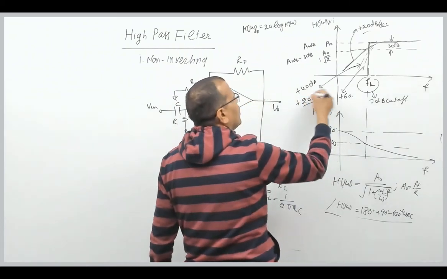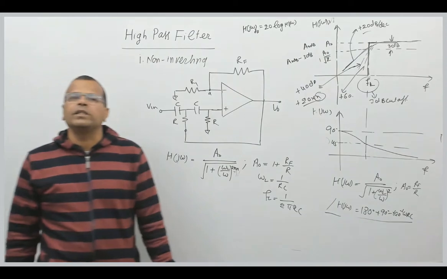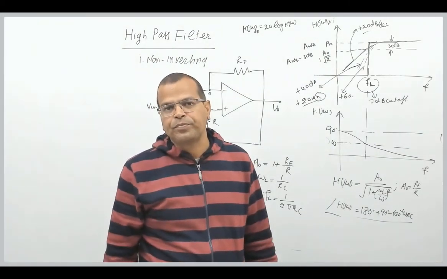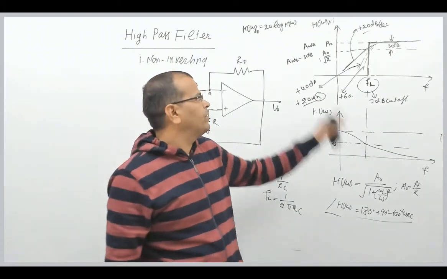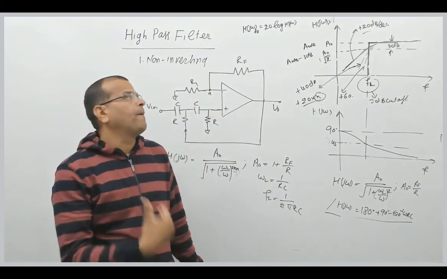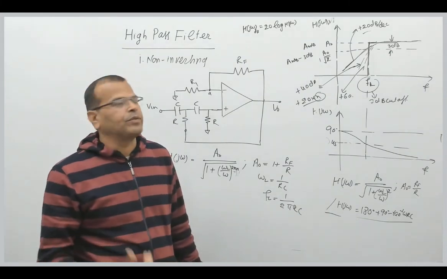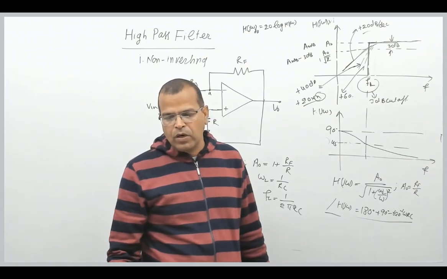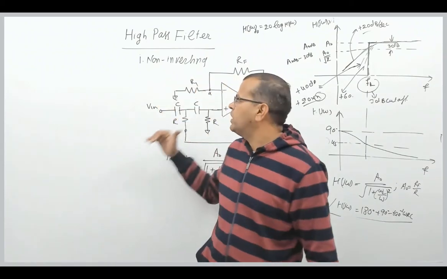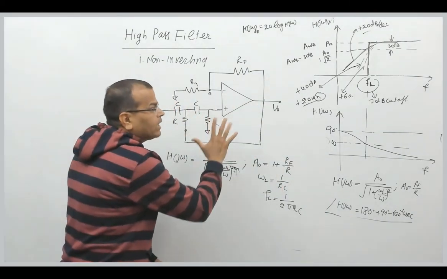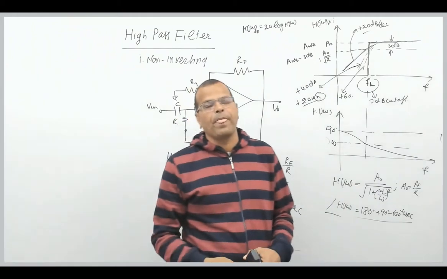So for every order it will go on increasing. So when you increase the order of the filter, the circuit will approach the ideal characteristic, right? So that is your second order filter and nth order filter. That finishes the high pass active filters using op-amp.